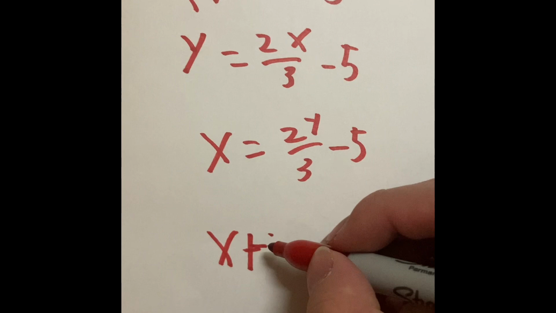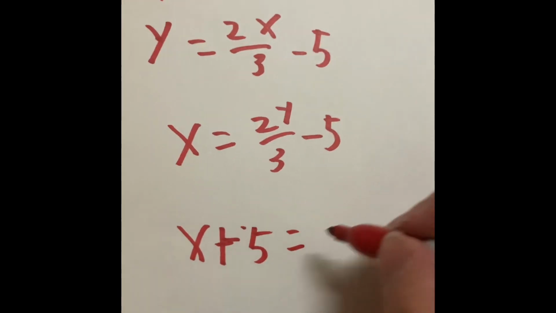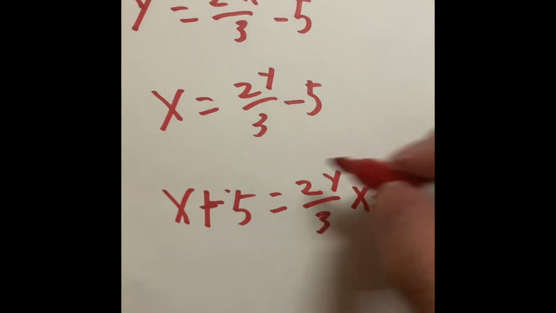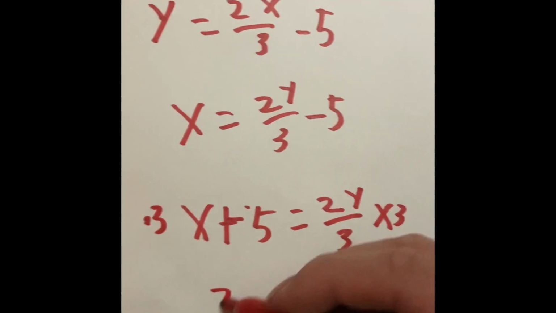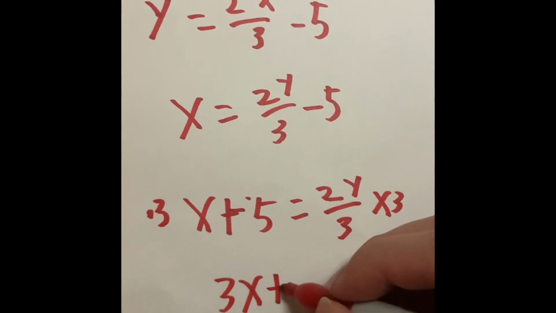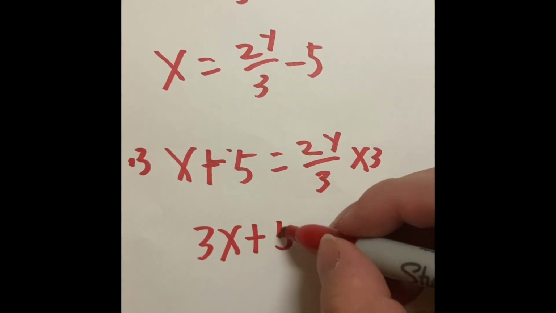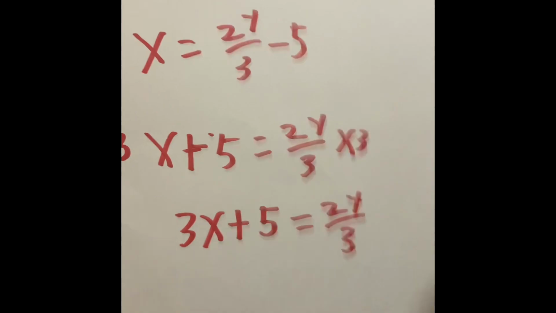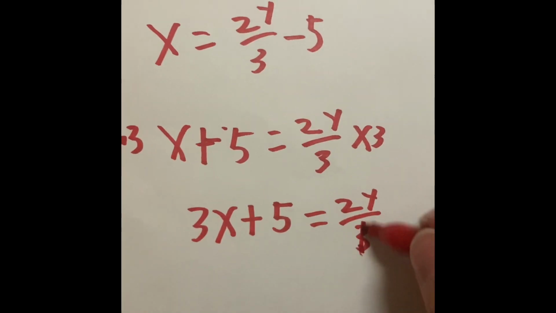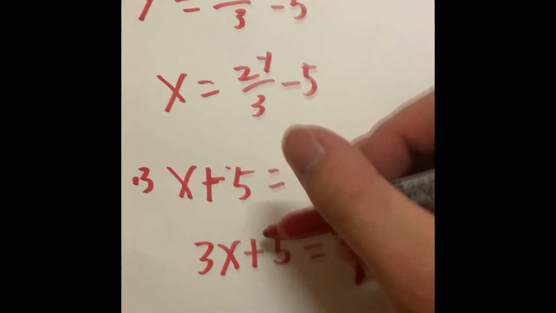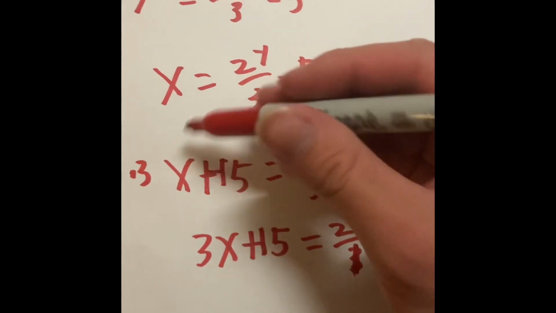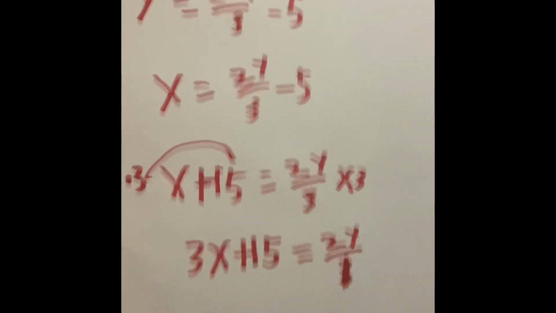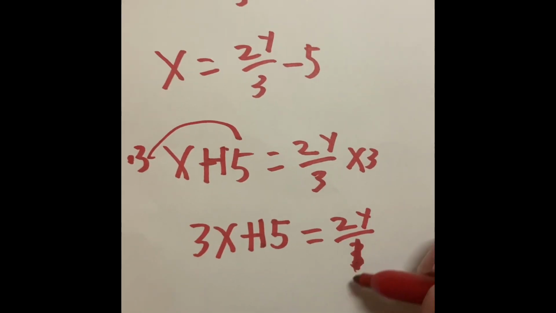x plus 5 is going to equal 2y divided by 3. Multiply by 3: 3x plus 5 is going to equal 2y. Wait, that number is supposed to be a 15, because the 3 multiplies both terms: 3x plus 15 equals 2y. So we have to divide everything by 2.